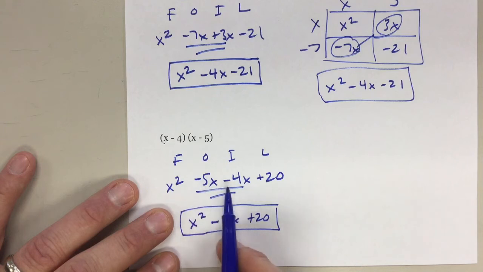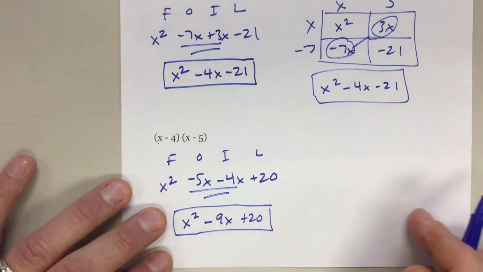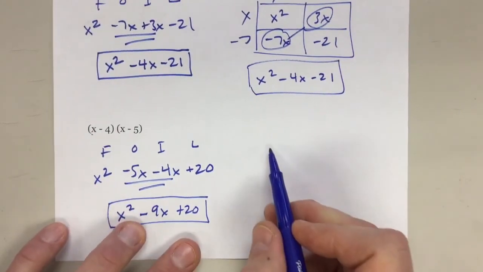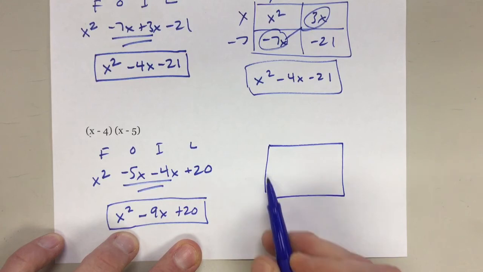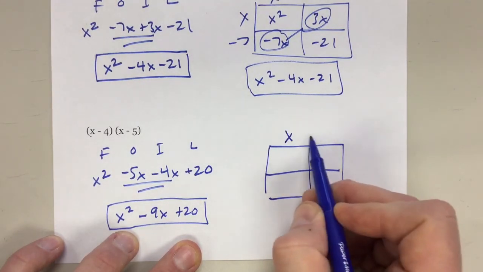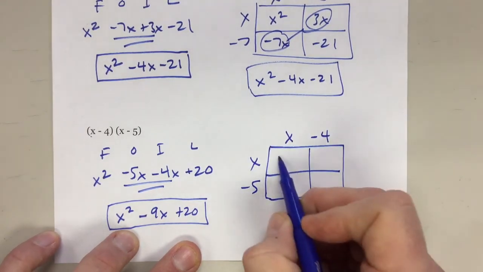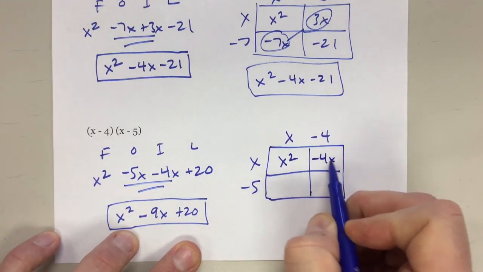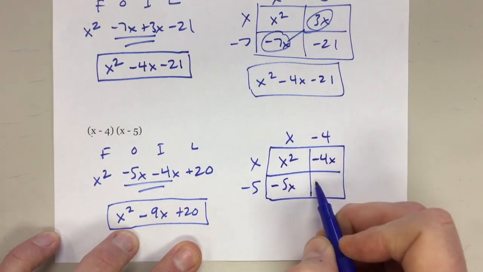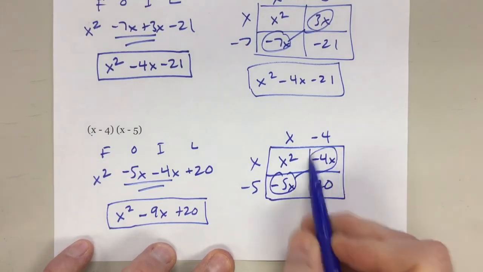So it's not a negative times a negative makes a positive. This is a negative plus a negative, which means my answer is negative still. And if you want to see this with the box, we'd have x and negative 4, x and negative 5. So it's x squared minus 4x minus 5x plus 20. Like terms in the middle.